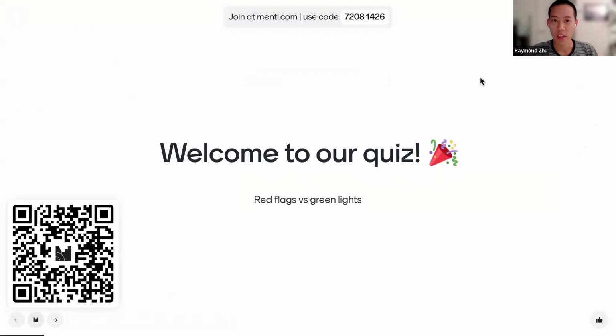So feel free, in another tab or on your phone, to open a browser and join this quiz. You can either do that by taking a picture of the QR code, or going to menti.com and then using the code. And drop me a message in the chat when you have joined.